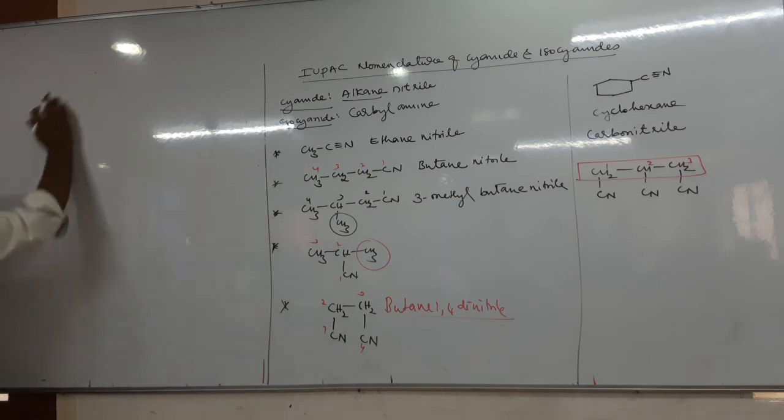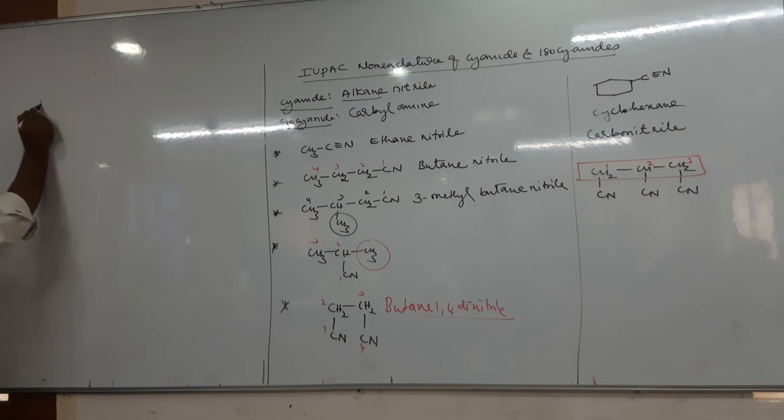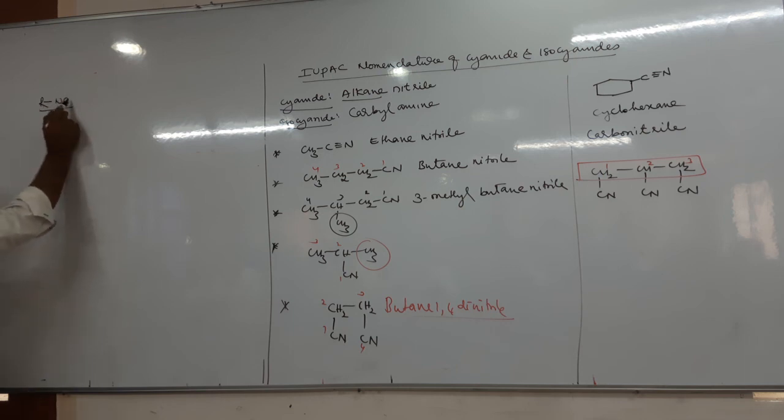Okay, so isocyanide, tell me, RNC, no. So what is the IUPAC name? Carbylamine. Okay, see here this carbon is a carbyl, the remaining part is amine, means alkanamine, carbyl alkanamine. For example, CH3 N triple bond C. So what is the IUPAC name? It is a carbylamine, of course.